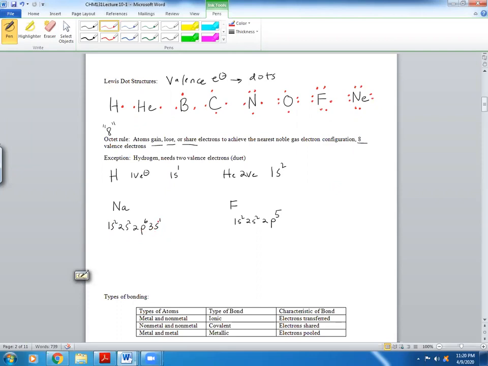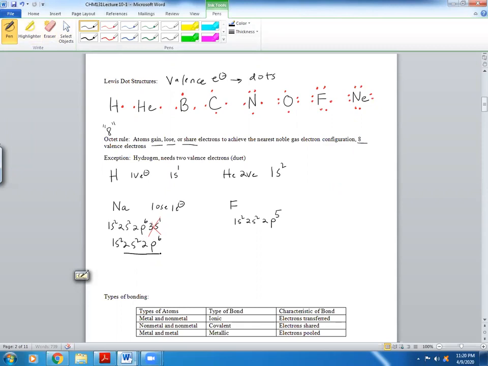And if it loses an electron, like this electron, which we did in the last chapter, it becomes 1s2, 2s2, 2p6.